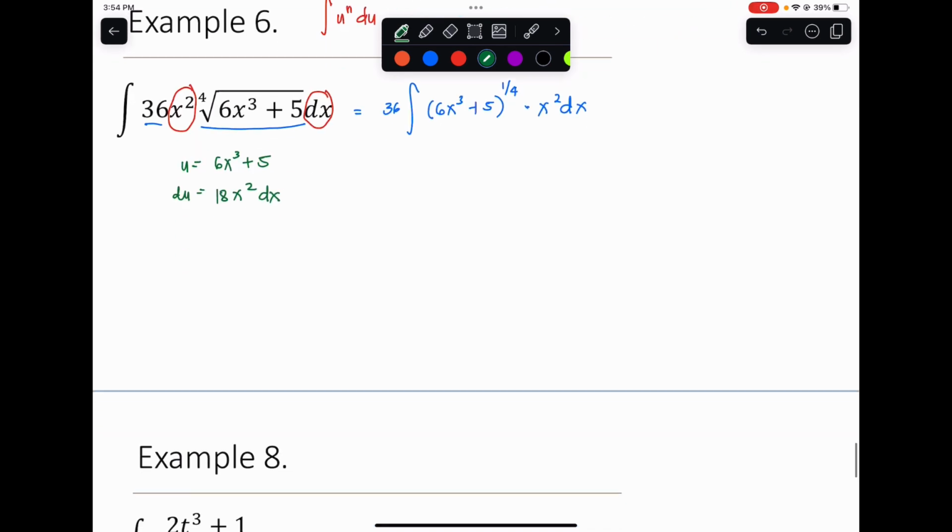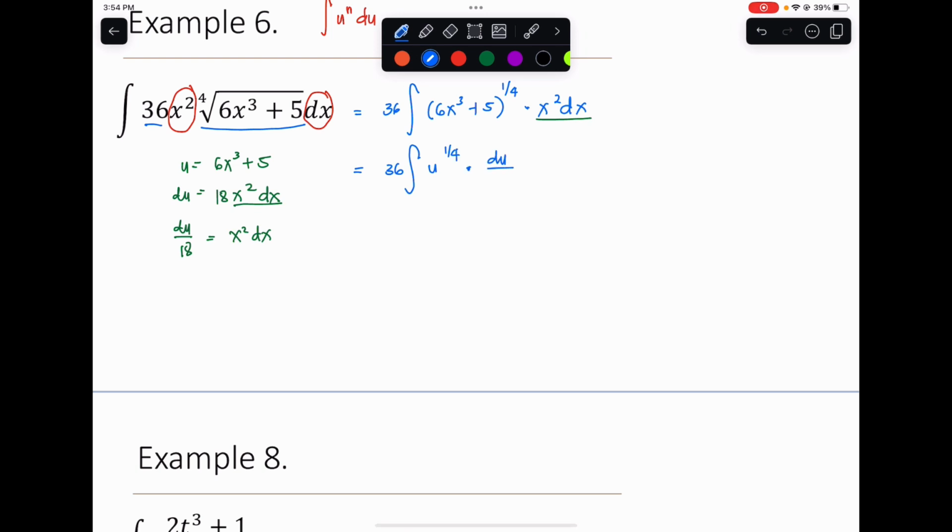The difference is that this is x squared dx, and this is x squared dx. So du over 18 is equal to x squared dx. And now we substitute. So 36 times the integral of u raised to 1/4, multiplied with du over 18.